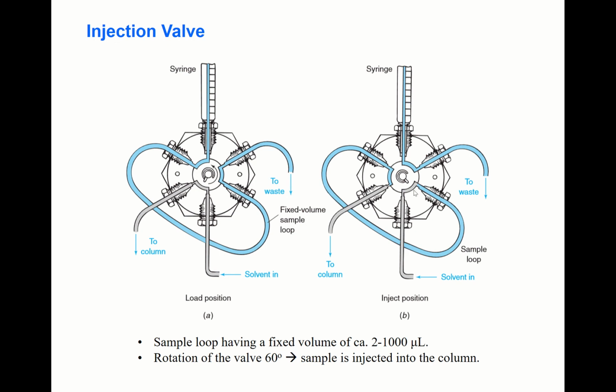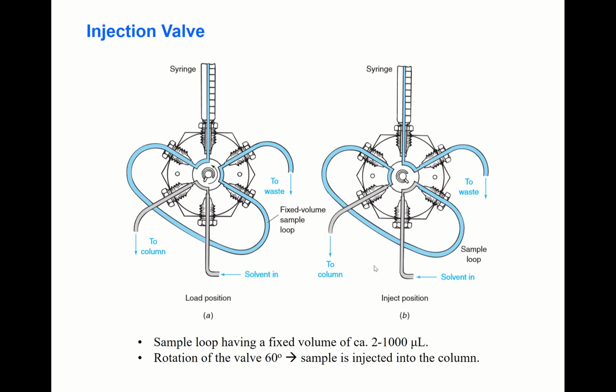Since a new connection was made, the solvent now carries your sample, whose amount is precisely controlled by this loop, and your solvent and your sample go to the column.